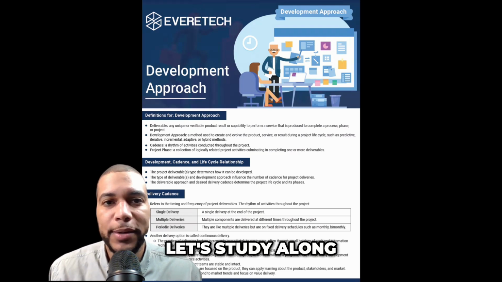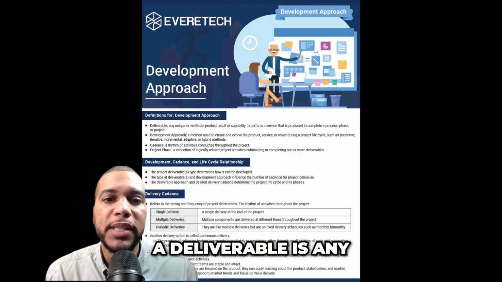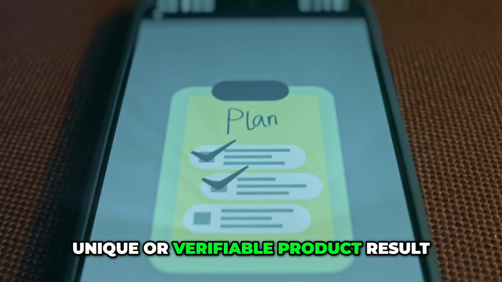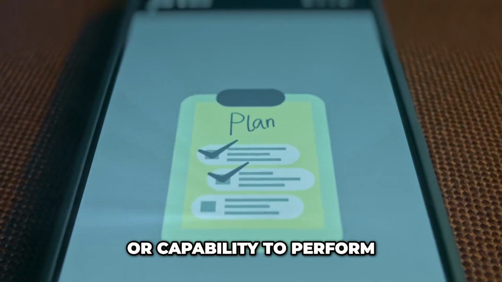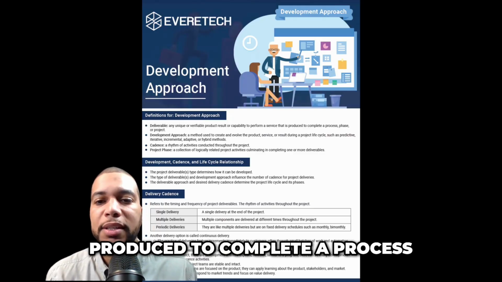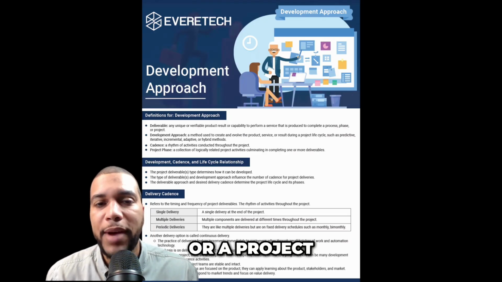Let's study along. First, we're going to go through some definitions. A deliverable is any unique or verifiable product, result, or capability to perform a service that is produced to complete a process, phase, or a project.